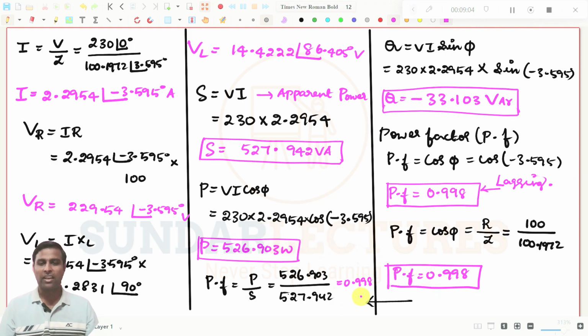The circuit is telling us that if a resistor and inductor are connected, there will be some reactive power which can never be used, that is 33.103 VAR. This power oscillates between load and source and is never utilized by either.